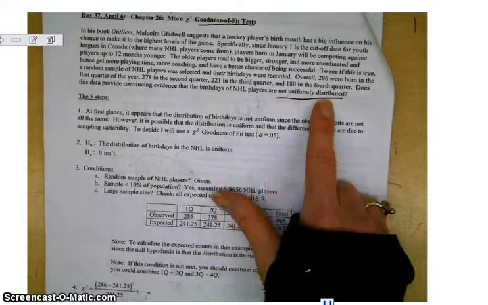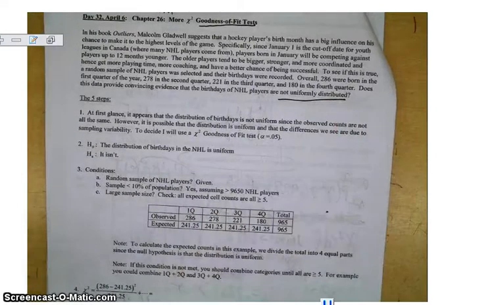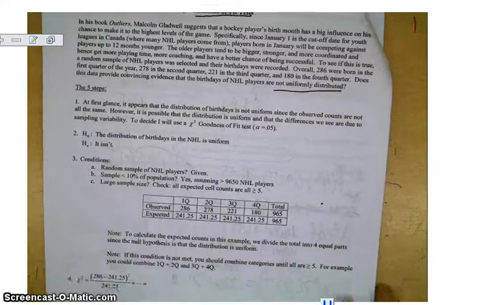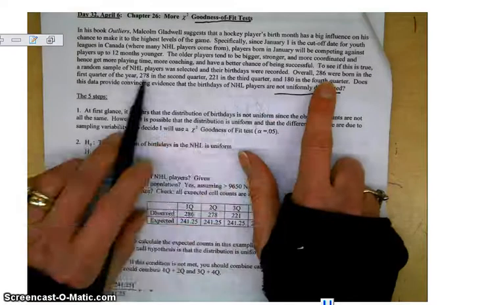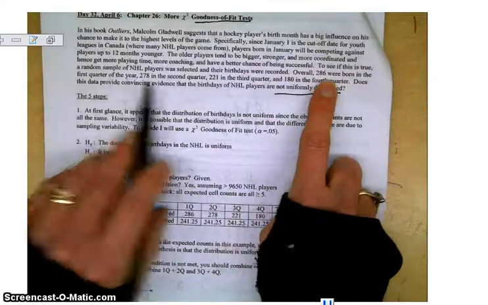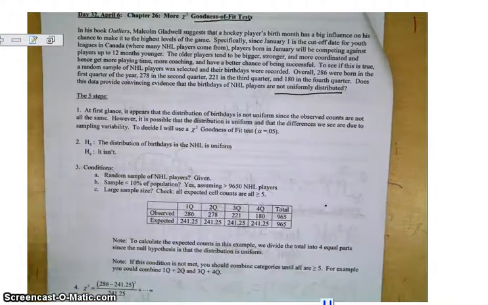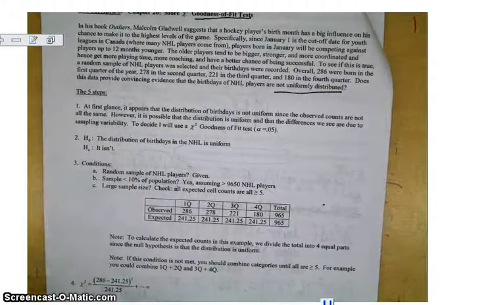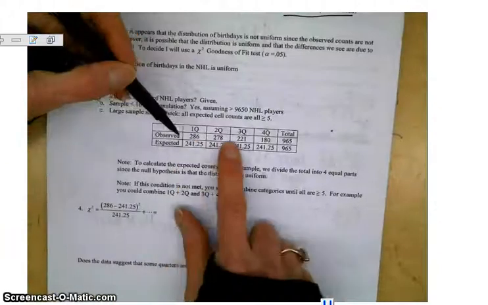Now, not uniformly distributed means that there's not an equal amount born in each quarter of the year. So it does look like that because there's more born in the first and second quarter than in the third and fourth. So we're going to do a chi-square test for goodness of fit. I'm going to have you focus right down here on this table.